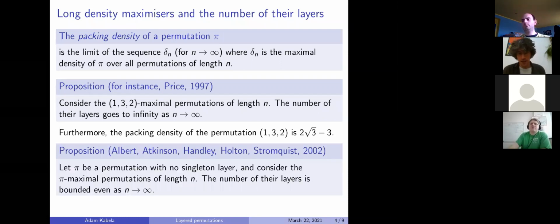So here's another example. Again, it shows significance of the singleton layers in the pattern. Namely, if there's no singleton layer in the pattern, we can bound a number of layers in the maximum. That's what this proposition says.